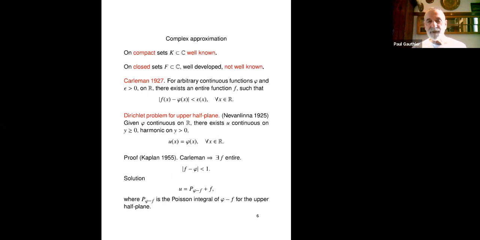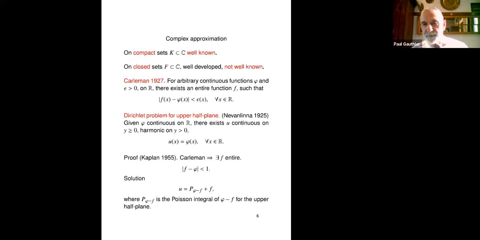And let me give an example of how powerful approximation on closed sets is. There are many applications, but the one I prefer is solving the Dirichlet problem for the upper half plane. This was done by Nebelung in 1925, and the problem is, given phi continuous on the real line, does there exist a continuous function on the closed upper half plane, harmonic on the open upper half plane, which agrees with the original data on the real line?